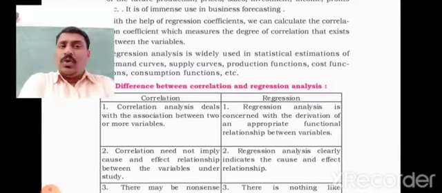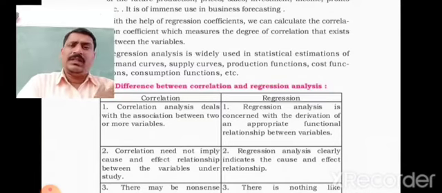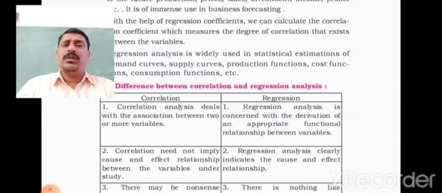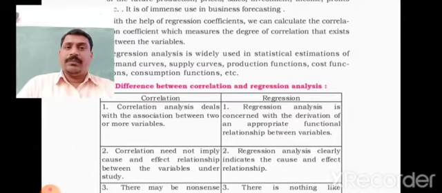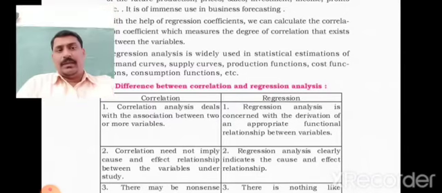Correlation just tells whether it is positive or negative. It doesn't go into what is the cause and what is the effect. But regression analysis says what is the cause and what is the effect. A cause in one variable affects another variable.